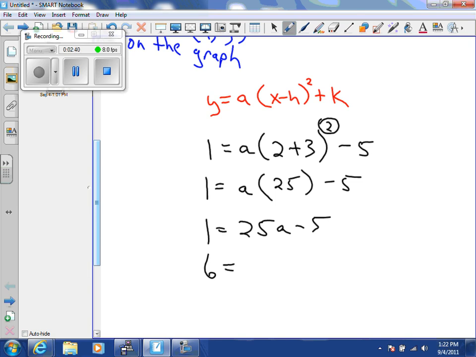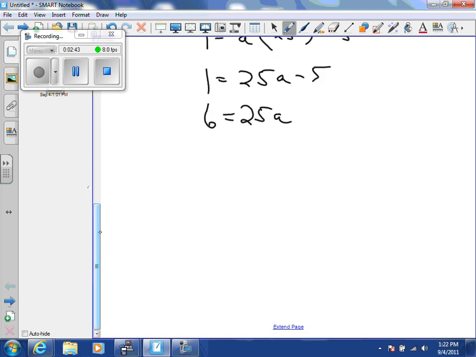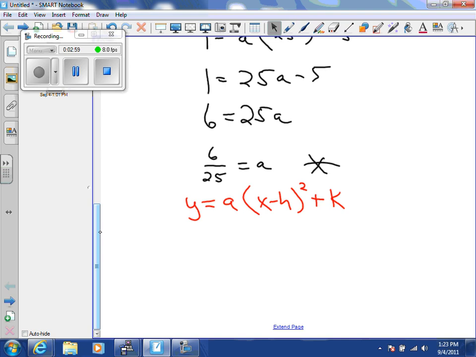So we're going to add 5 to both sides. And we're going to divide by 25. We're going to leave that as the fraction 6/25. And that's crucial because now I go back to what that standard form is. I've got the a. So y equals 6/25.